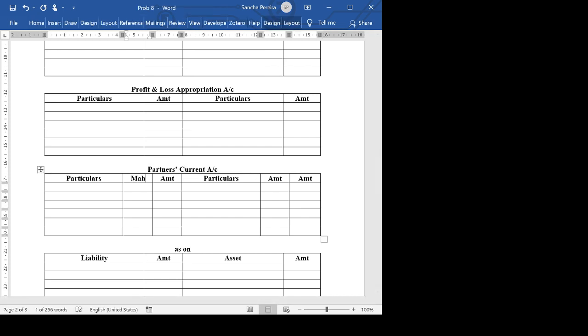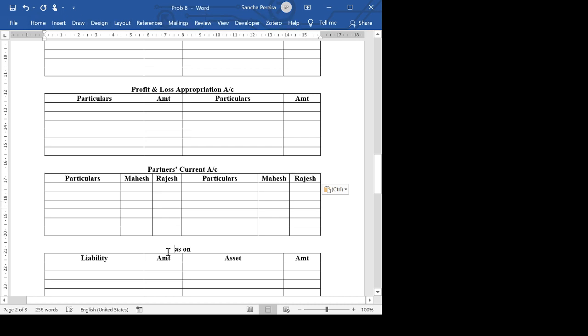We have Mahesh and Rajesh. And balance sheet as on 30th June 2002.